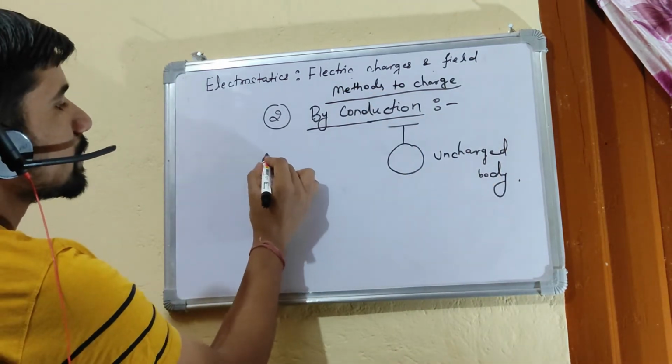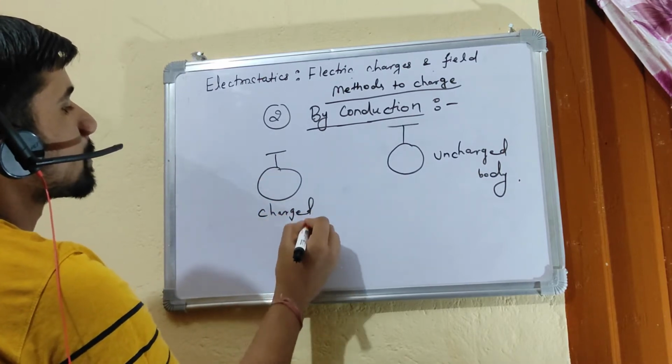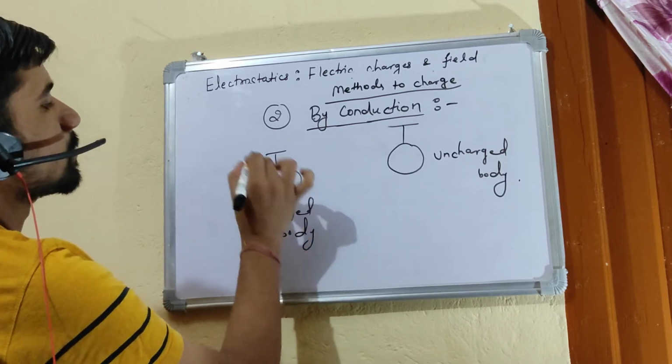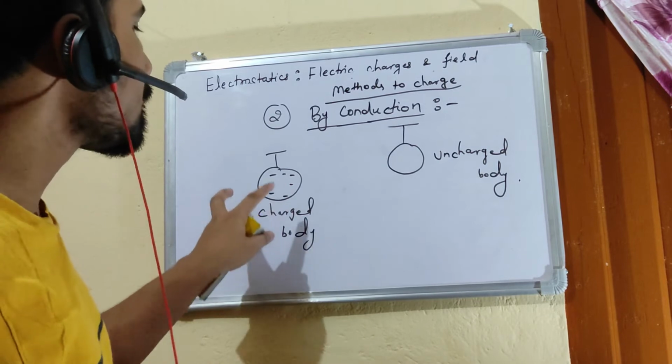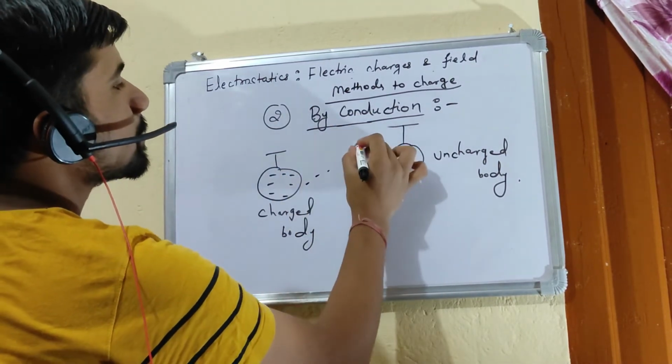And now we have a charged body. Let's say this is a negatively charged body. What we will do is bring this charged body in contact with this uncharged body.